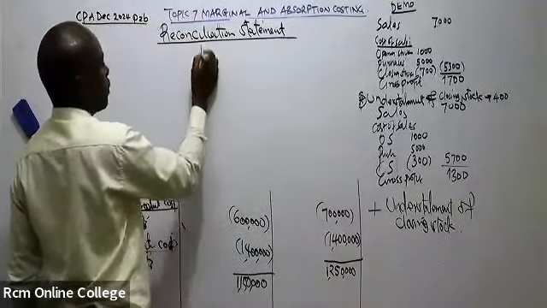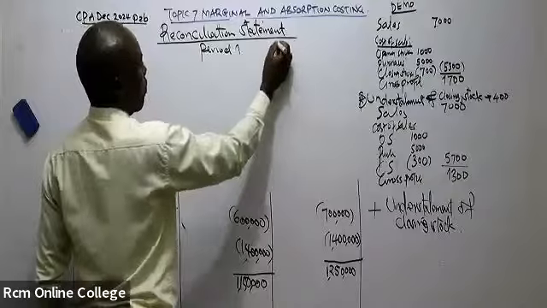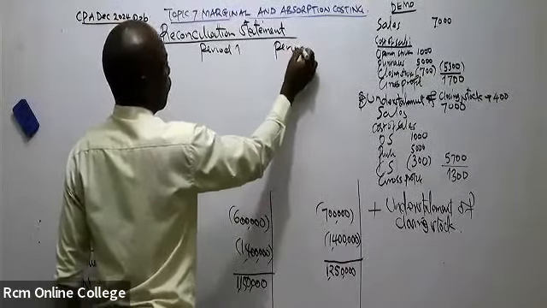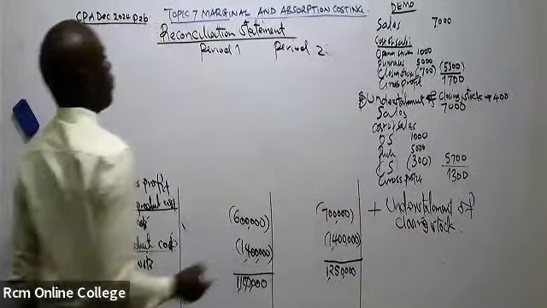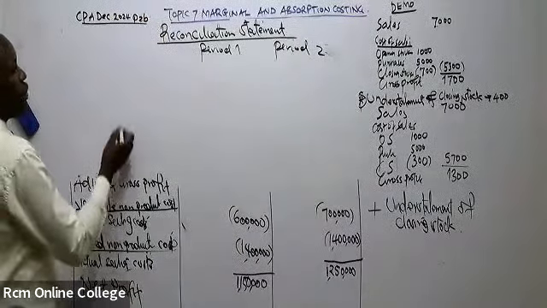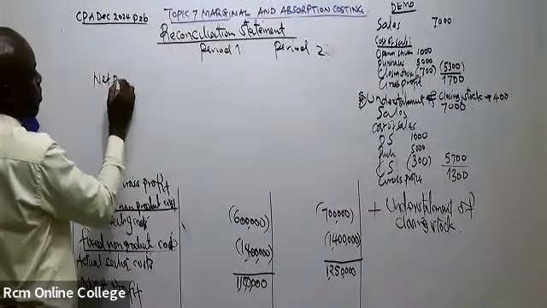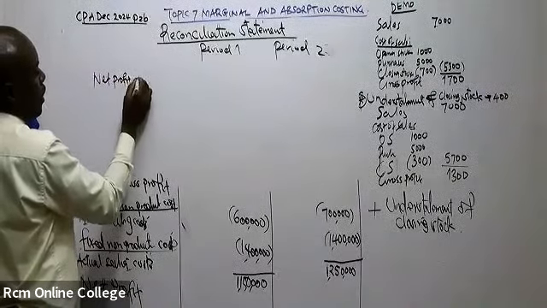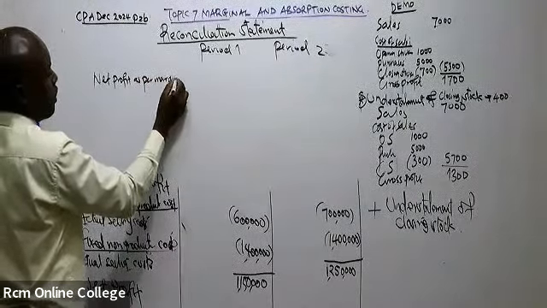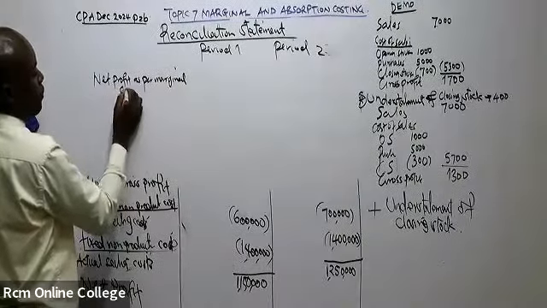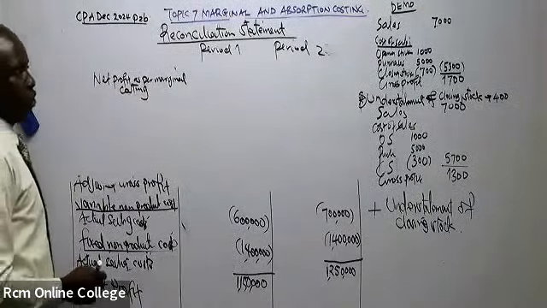So we'll be having period 1, period 2. We are starting with net profit as per marginal costing.